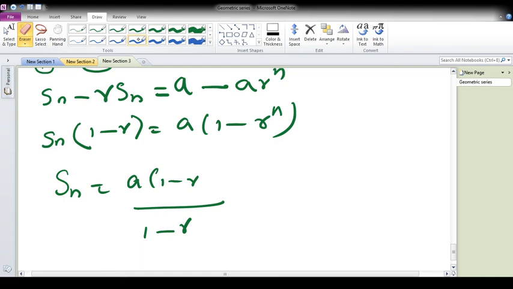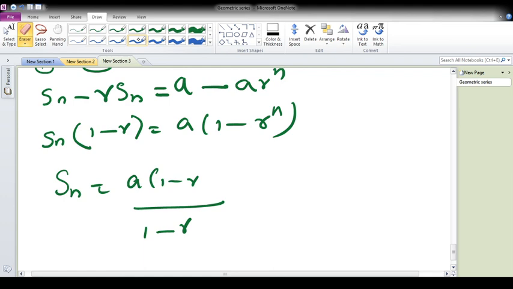If you have a doubt, you can check. Any number r between minus 1 and 1, its power will converge to 0.